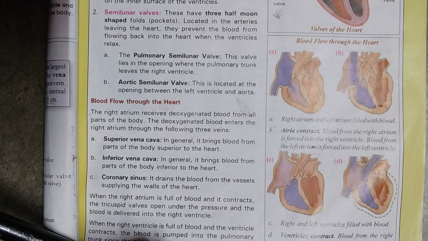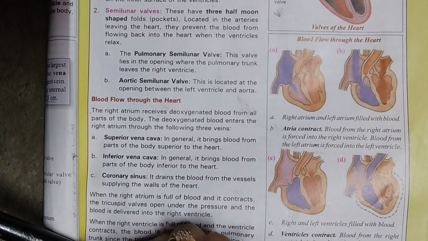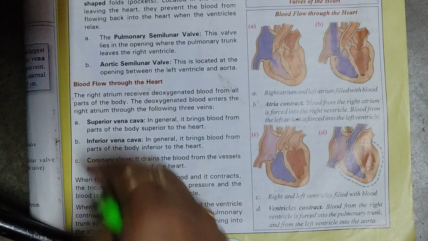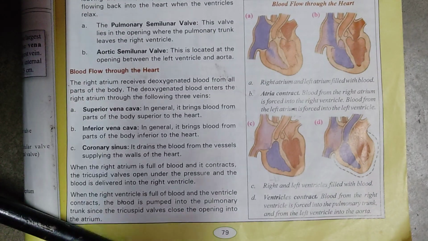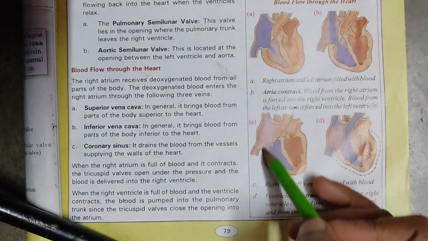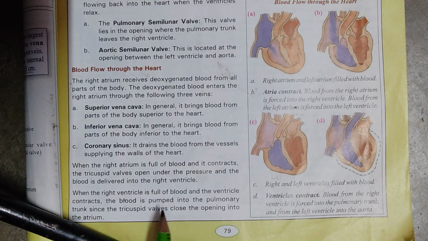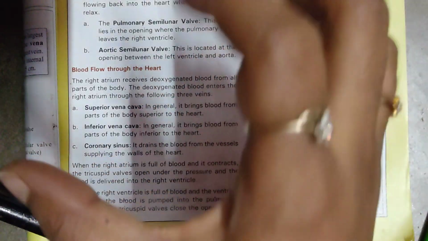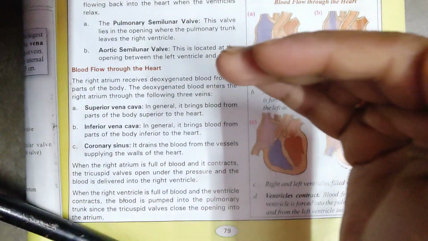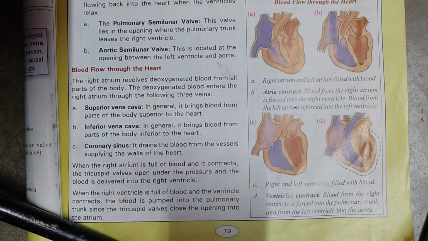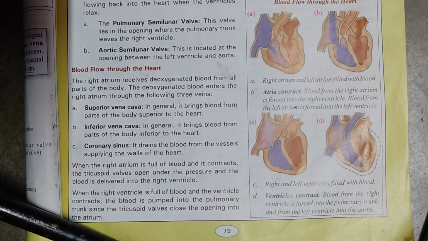Now the right atrium is full of blood. When the right atrium gets full of blood, as soon as it is filled up, it will contract. There is a tricuspid valve between the right atrium and the right ventricle.